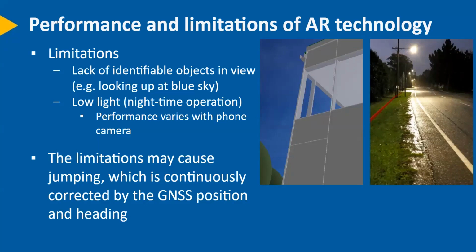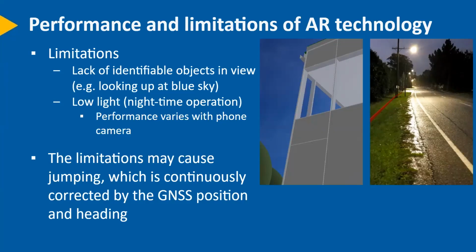So there are some of those limitations to augmented reality. Low light, meaning augmented reality is not great at night, but the performance does vary with the camera available in the device.